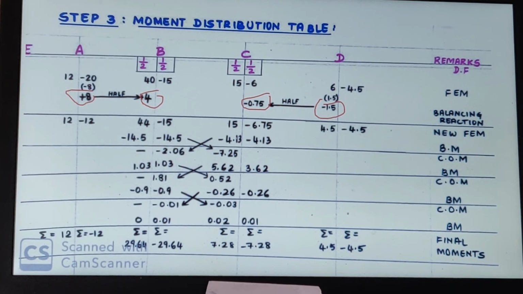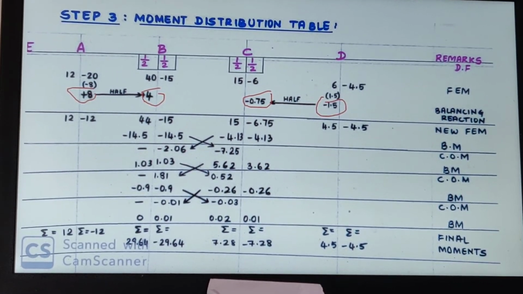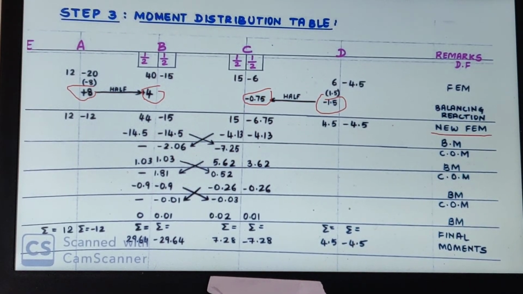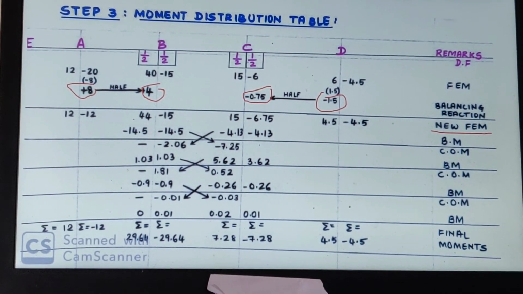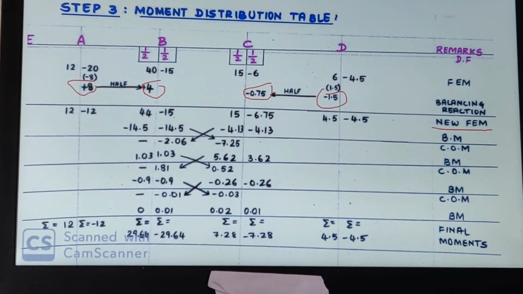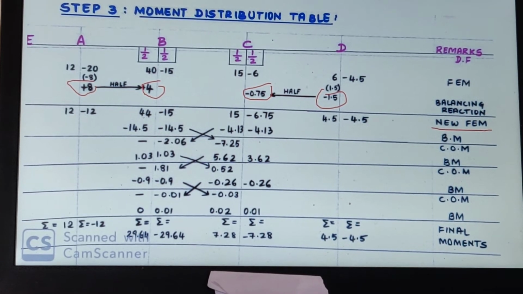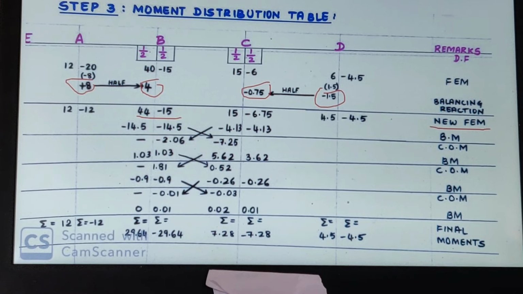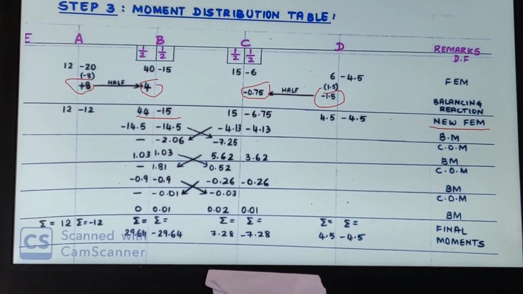After this you go to the next step where you calculate the summation of the rows, and then you'll get new fixed end moments where you'll find all these new values. From here you'll start the Hardy Cross method where you calculate the effective moment of these two, that is 44 and minus 15, and then according to the distribution factor you divide half to either side, that will be minus 14 and minus 14.